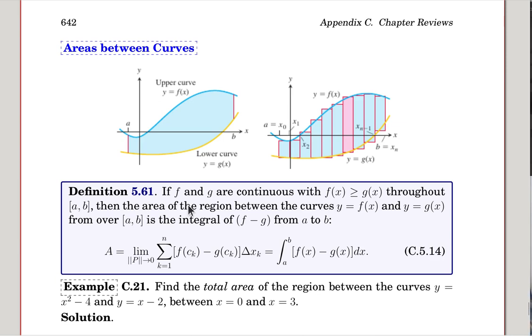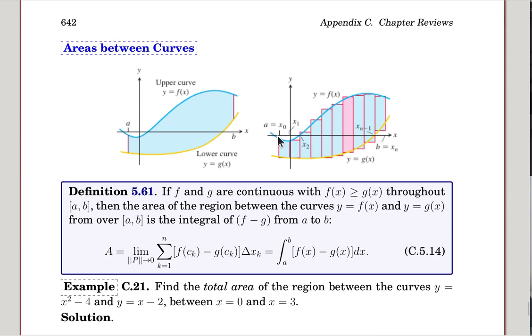Now, areas between curves. Over the interval [a, b], we assume that f and g are continuous and f of x is larger than or equal to g of x. Then the area between these two curves can be obtained through the same technique, the limit of Riemann sums.